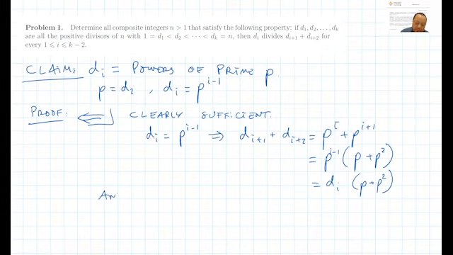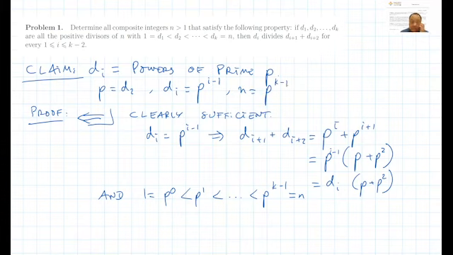And also the other condition. Actually, I need to add over here as part of the claim that n is a power of P, because the question is not about the d_i, it's a question about the n.